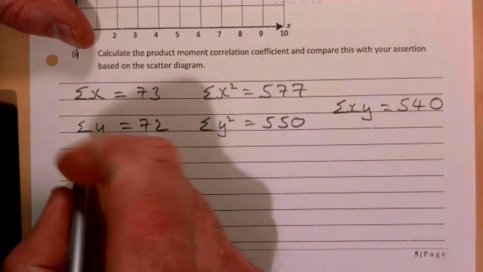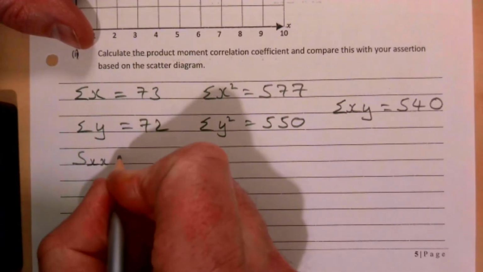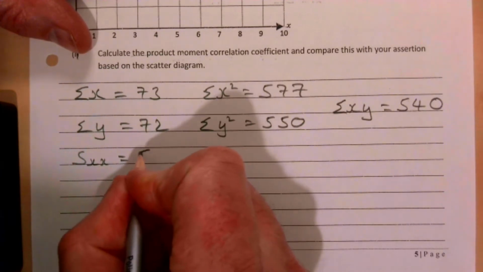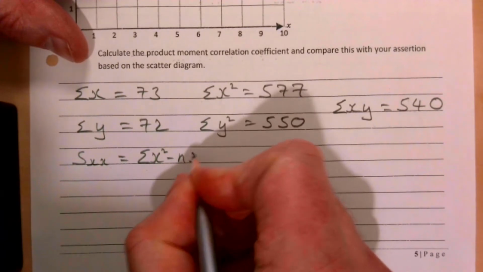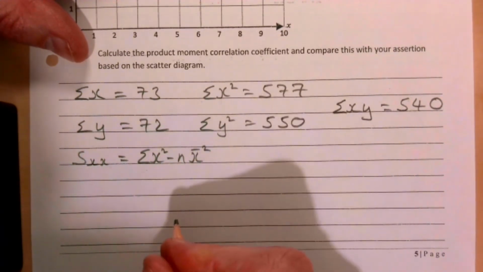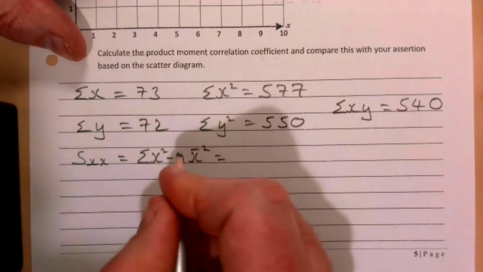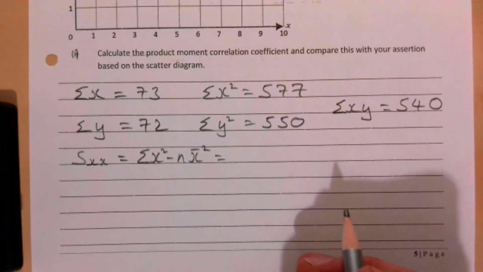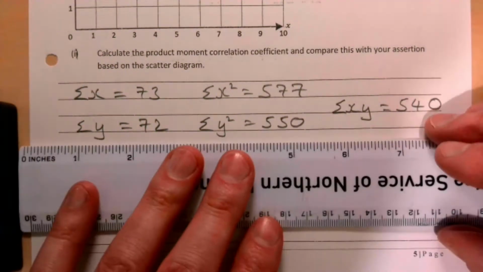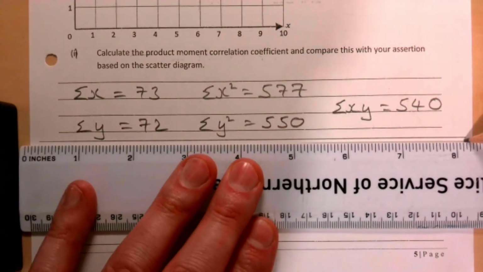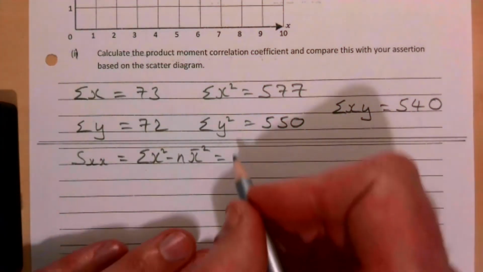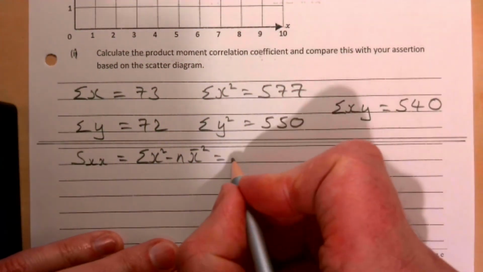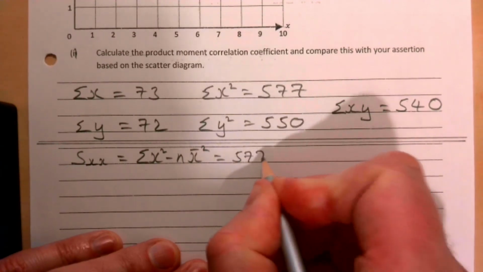So we're S, X, X, and we're reasonably well practiced in that, so it's the sum of the x squareds minus n times the mean squared. Sum of the x squared, that's going to be 577.